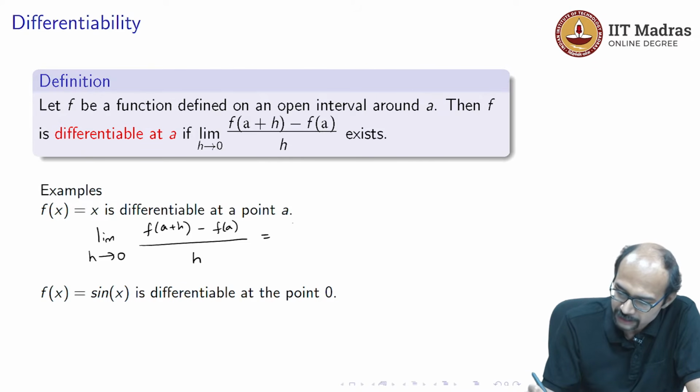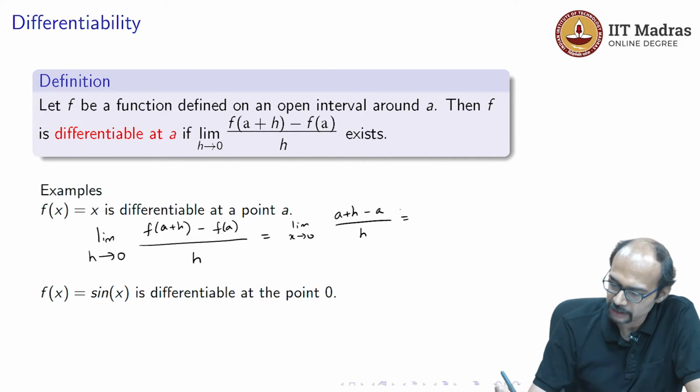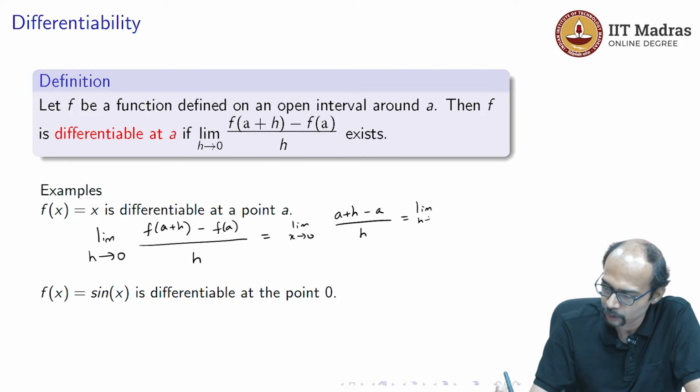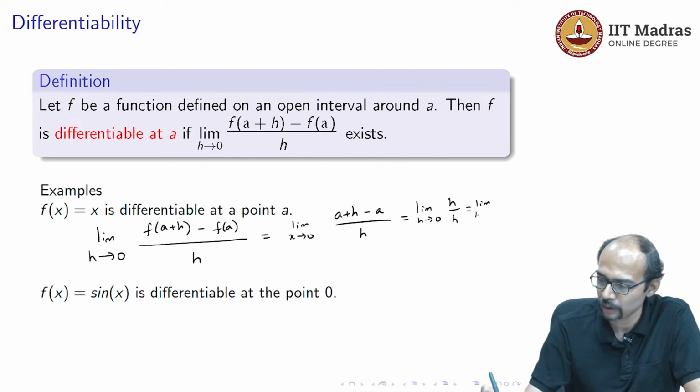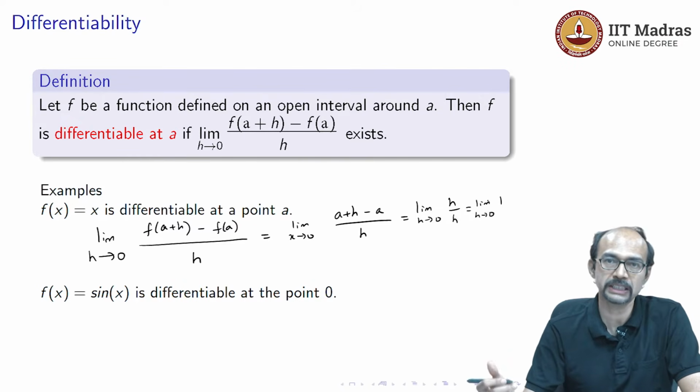My function is just x. So f of a plus h is a plus h, and f of a is a. So a plus h minus a is h. So this is the limit as h tends to 0 of h by h, but h by h is 1. So you have the limit as h tends to 0 of 1, which is just 1, right?